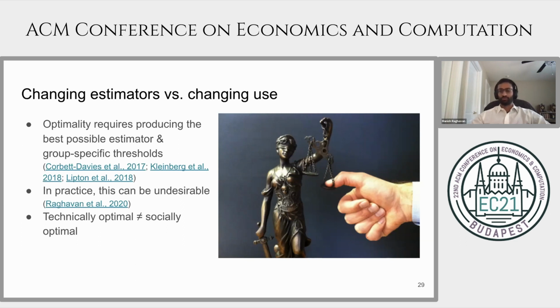Now, from a legal perspective, this is typically frowned upon or even illegal in a number of contexts. And also normatively, you should ask the question, do we want people to be judged on these demographic characteristics? So this might point to a place where there's a conflict between what appears to produce the best outcomes from a technical perspective and what is normatively acceptable from society's perspective.